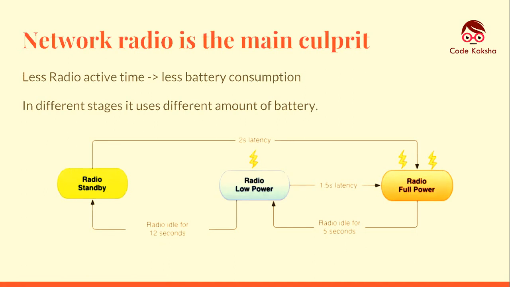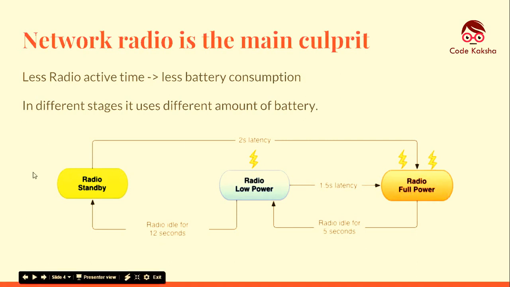And for example, let's say a network request is made by any app in the system. So this radio now has to go into the active mode, which is here, radio full power mode. And in this mode, the radio is consuming full battery.